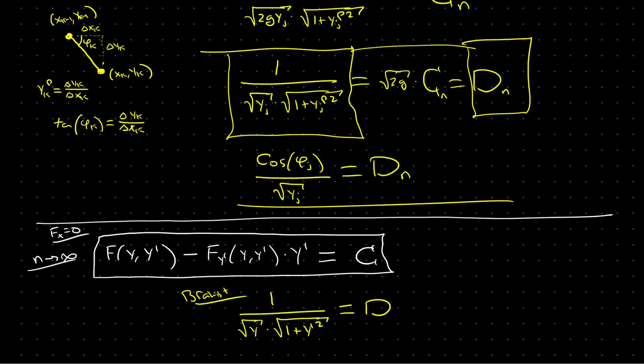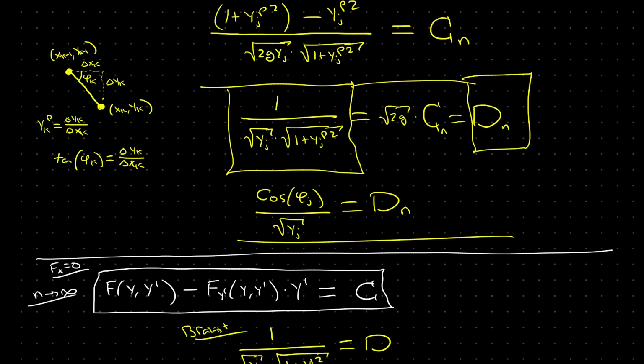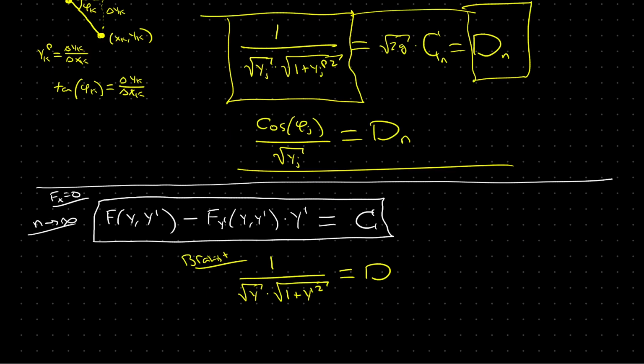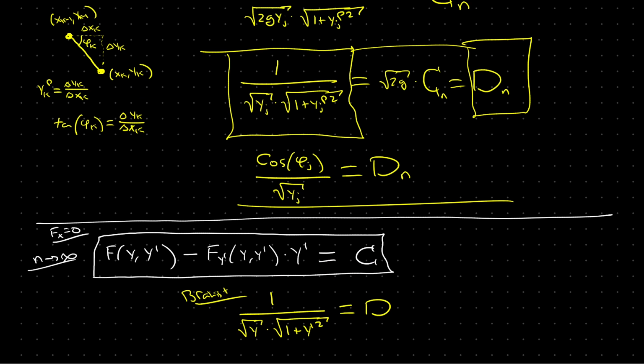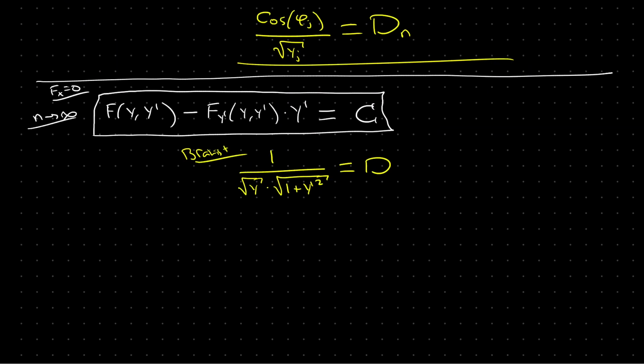In the limit, this yj prime is going to go to the derivative at a specific point, the slope of the curve at that point. So for the discretization, tan of phi k is equal to delta yk over delta xk, and in the limit as n goes to infinity, y prime is going to be tangent of phi.